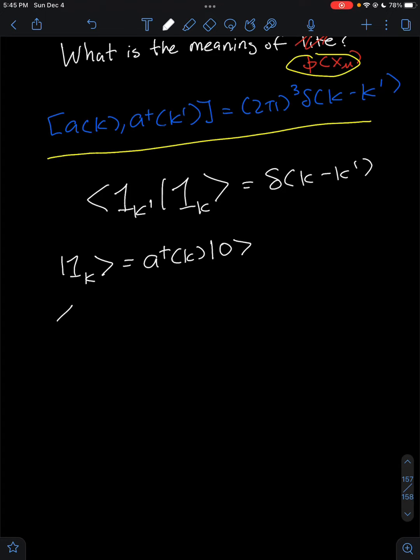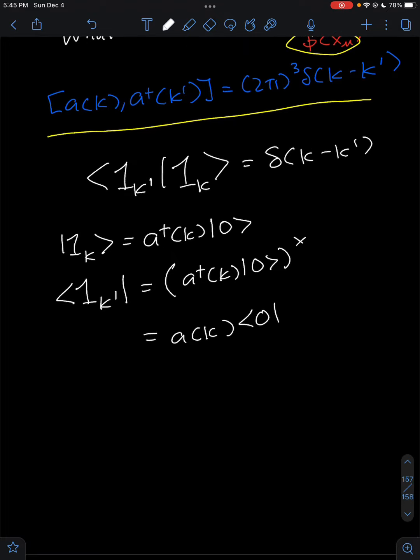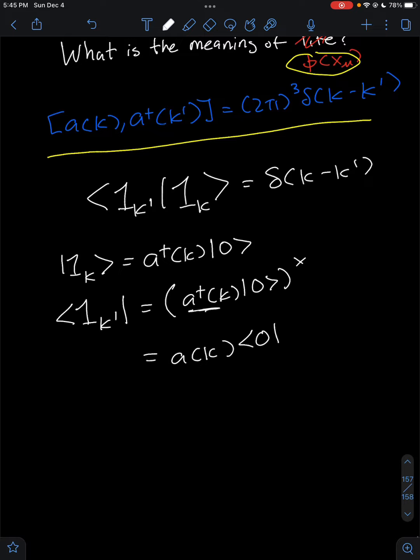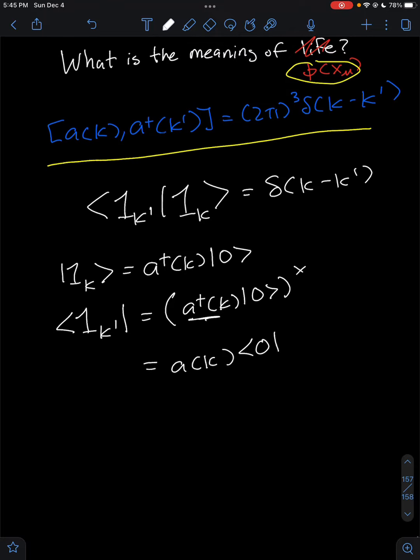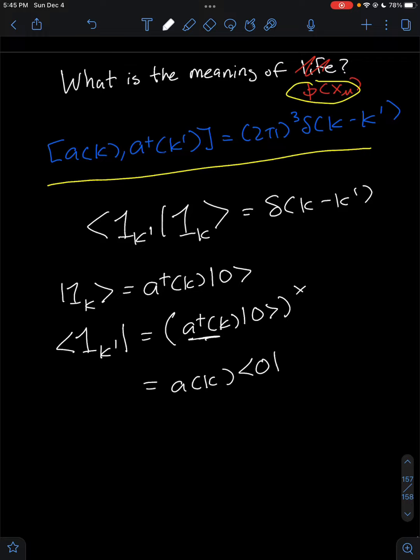This implies that the covector 1k prime is going to be the conjugate of a conjugate k acting on the vacuum state, and that's just going to be a of k times the covector vacuum state. Because recall that a conjugate k is just a of k conjugated, right? And if you conjugate that again, we just get back an unconjugated expression, that being a of k.